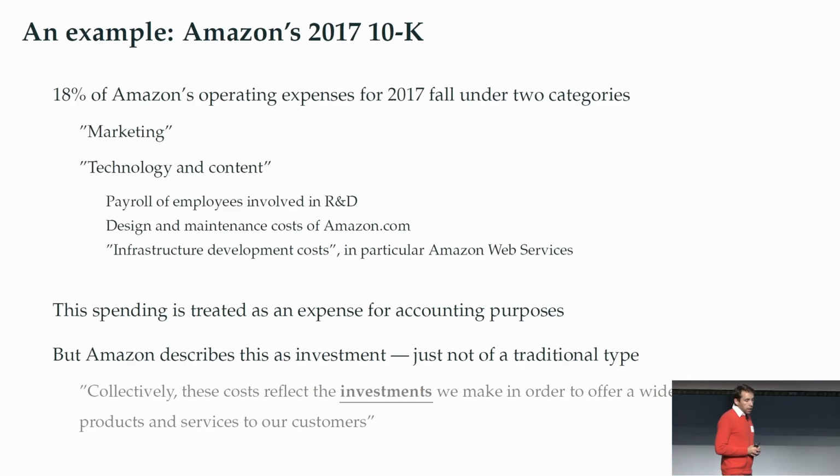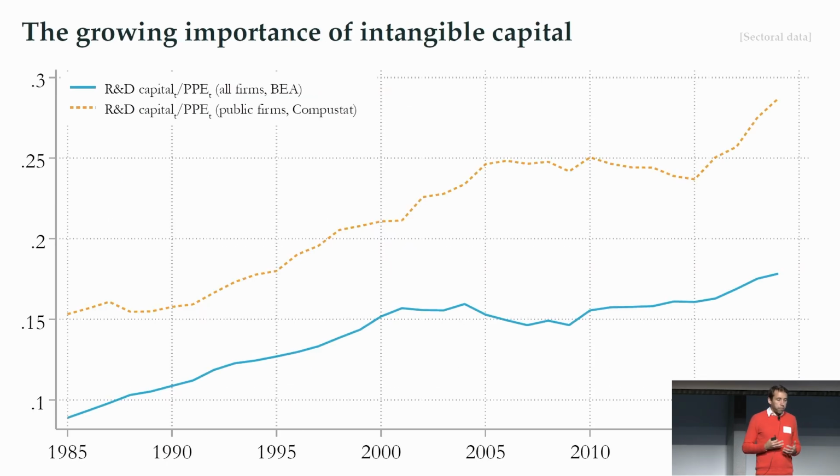Now, getting a sense of how big this is at an aggregate level is very tricky. The best angle we have on it is measures of R&D spending. This is what I'm showing you on this graph. Again, the same two sources of data. The ratio I'm showing you here takes past R&D spending and capitalizes it to come up with a stock comparable to the stock of physical assets, and I'm looking at the ratio of the two.